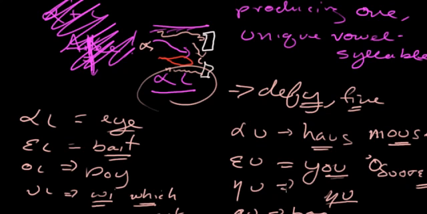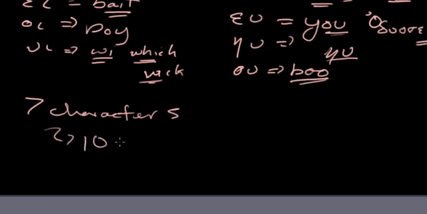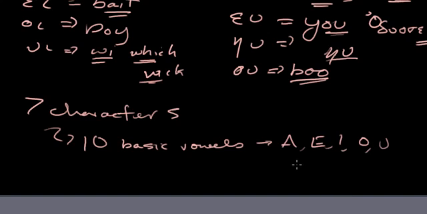So now, to recap overall, let me scroll down just a little bit more. We have 7 vowel characters, and those fill in for 10 basic vowel sounds, A, E, I, O, U, both long and short.